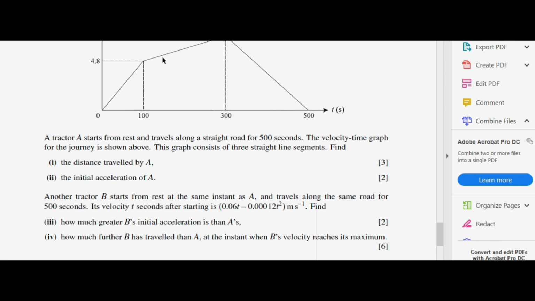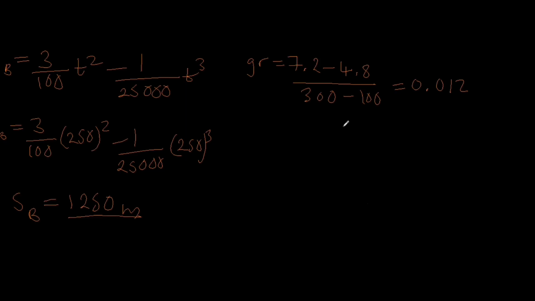So if I pick this point and that point that I'm looking for, which is 250 comma some velocity, then I should get 0.012. If I call that velocity x, then I know that x minus 4.8 over 250 minus 100 should give me 0.012.